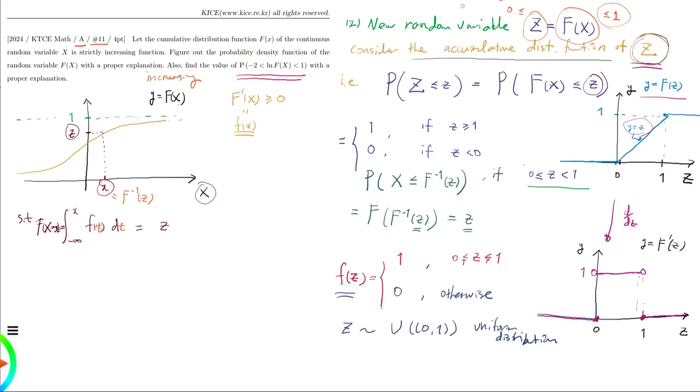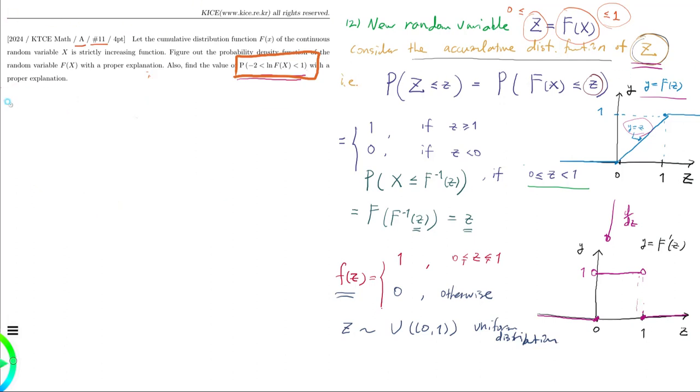And for the second point of this problem, find the specific probability value of this. And I claim that this is rather straightforward, so I'm not going to do the whole computation for you because I believe you can do it.